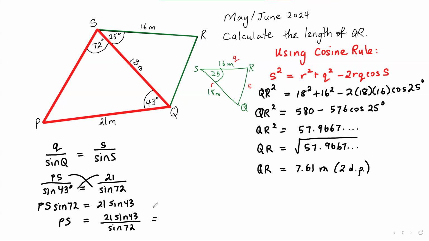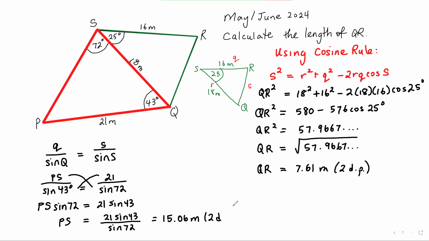Just type that in on your calculator. Make sure your calculator is in degrees. 21 sine 43 divided by sine of 72. That's 15.06 to 2 decimal places.